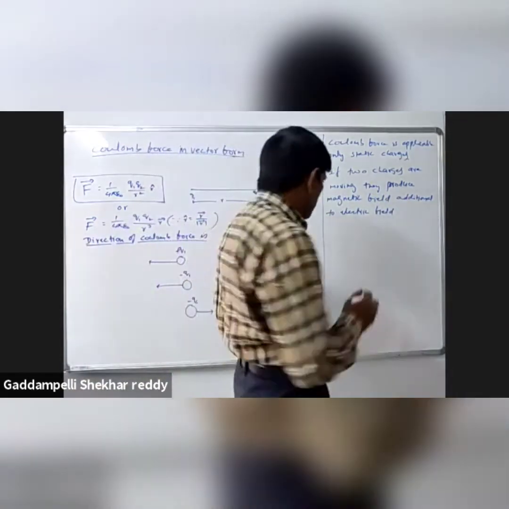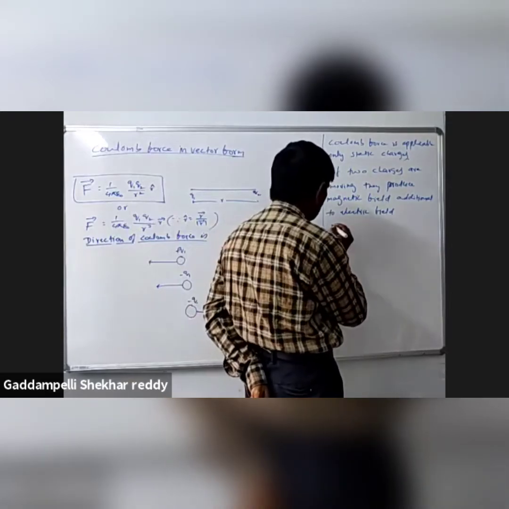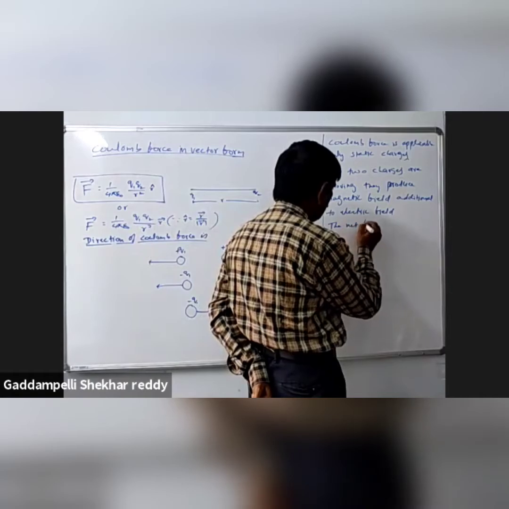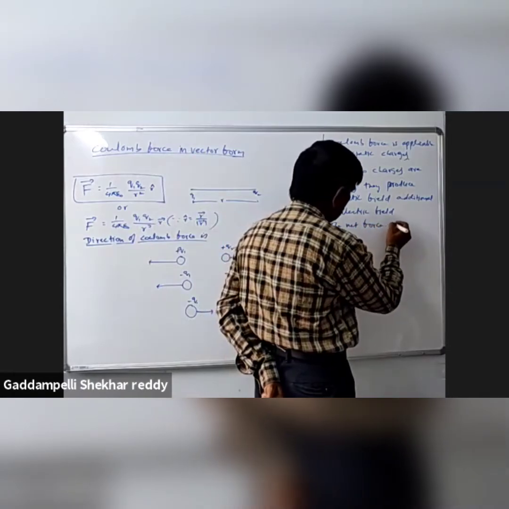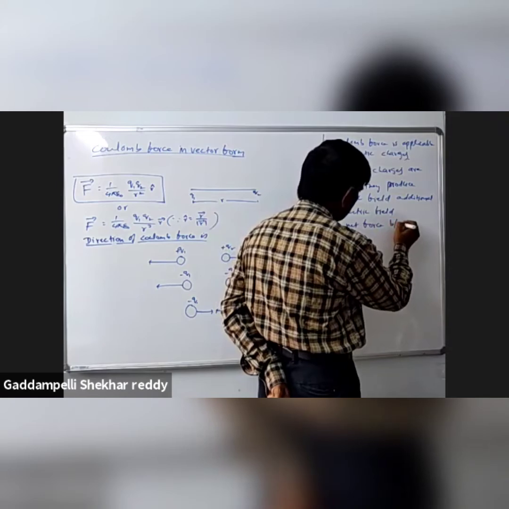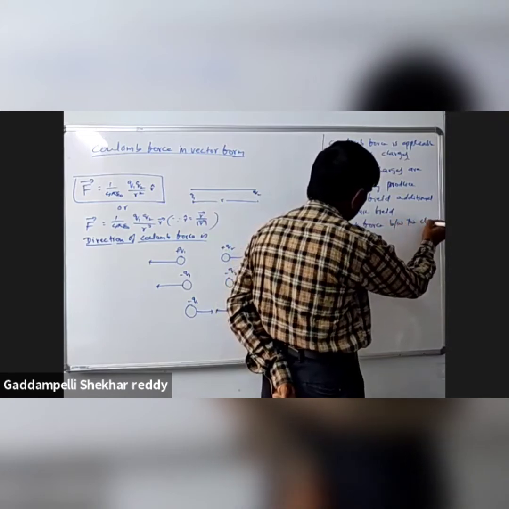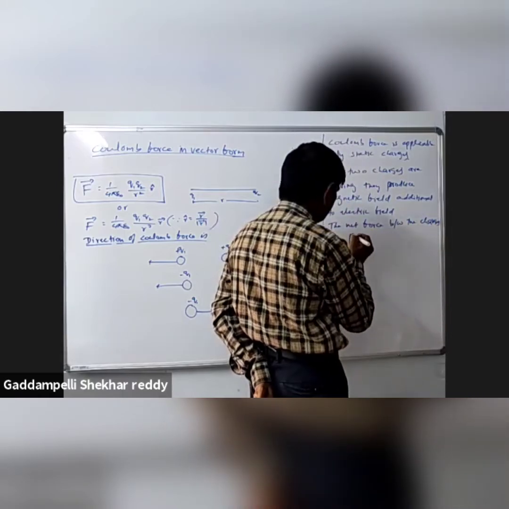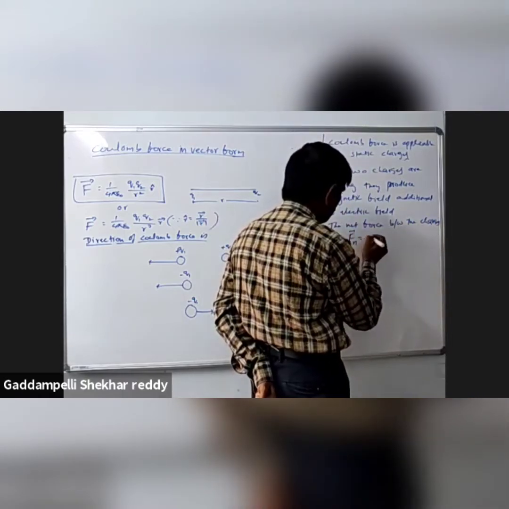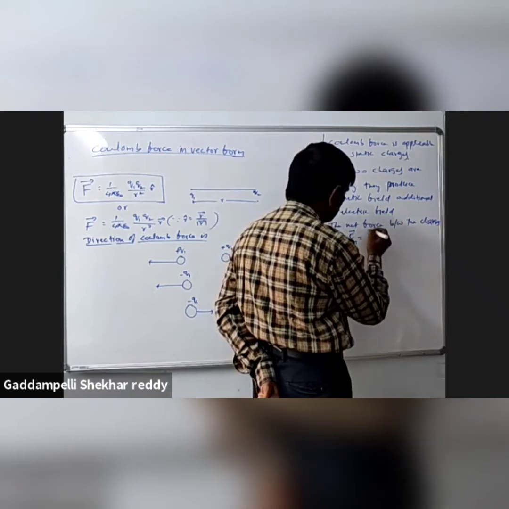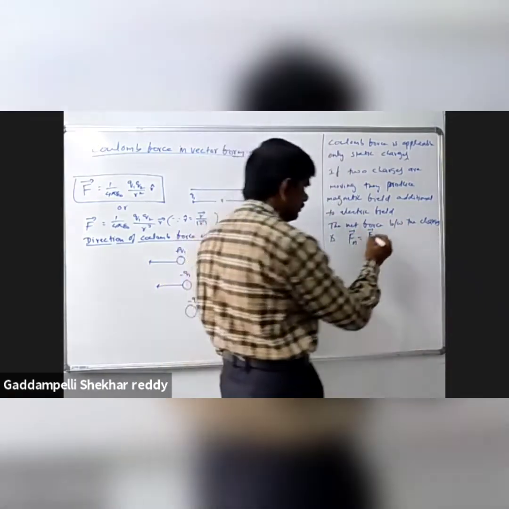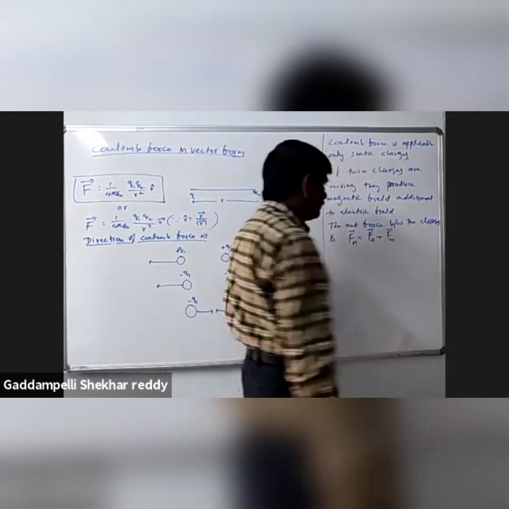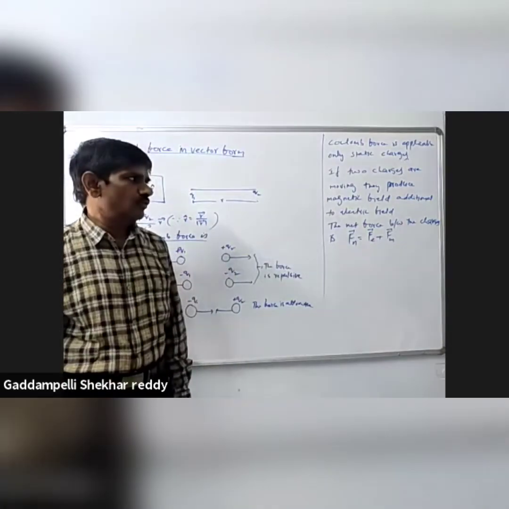So the net force between the charges is F net equal to the sum of the electric force, F E, plus the magnetic force, F M.